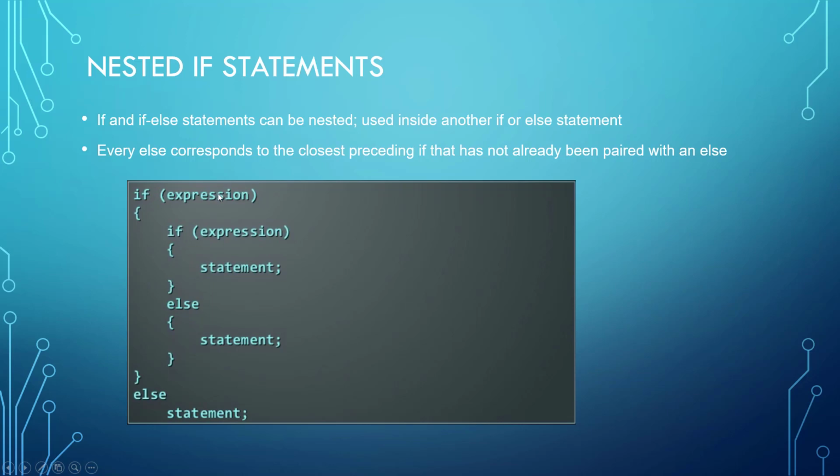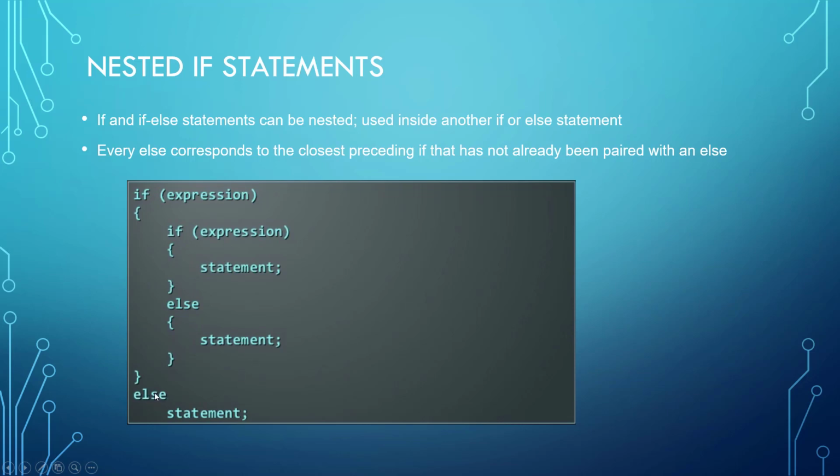If this expression evaluates to true, then we're going to jump inside of this first block of code associated with the if statement. In here is another if. If this expression evaluates to true, we'll execute this statement. However, if this expression evaluates to false, we'll jump down to the else and execute this statement.